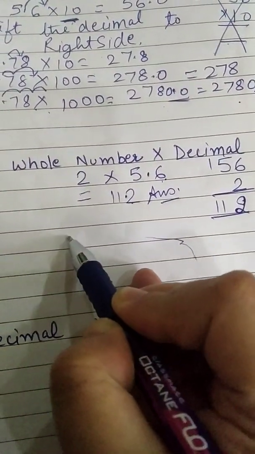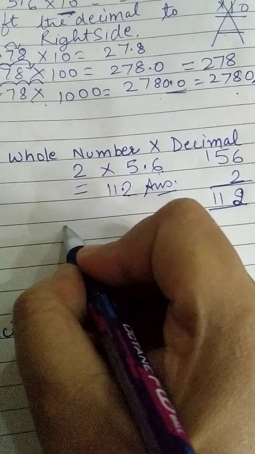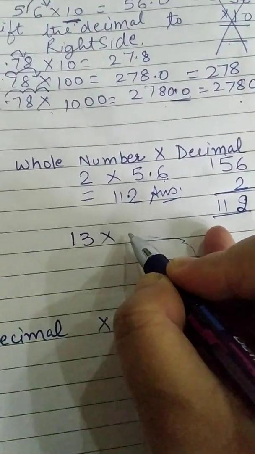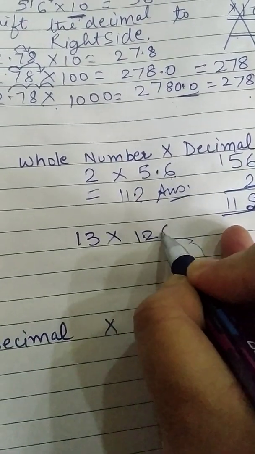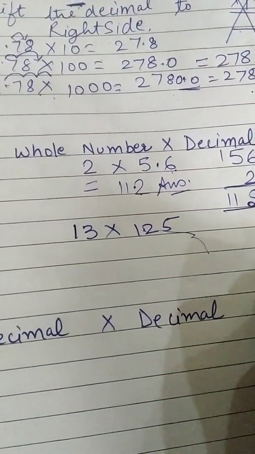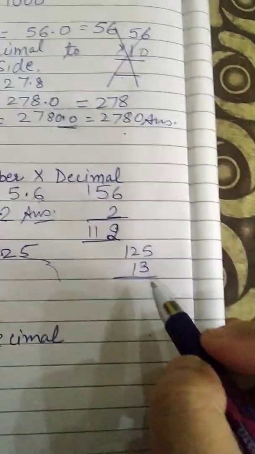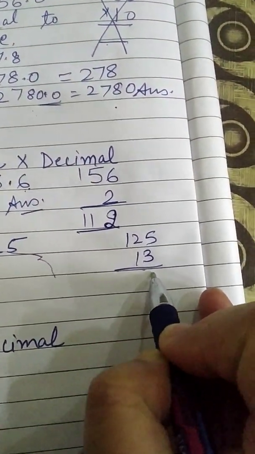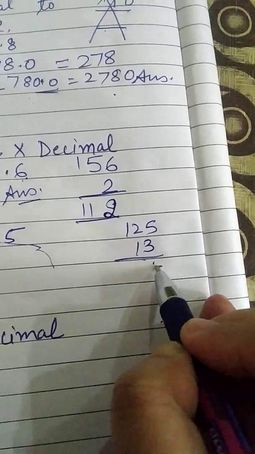I'll take another example. If I have to multiply 13 into, suppose, 1.25, I'll multiply 125 and 13 without the decimal. This you can show on your rough side, right side.